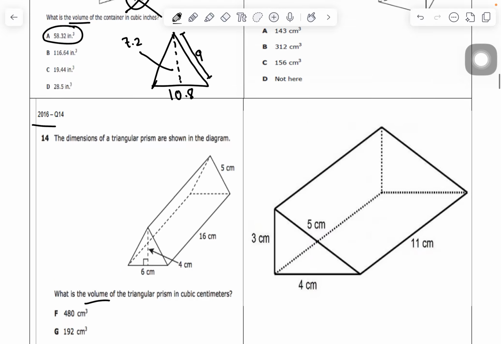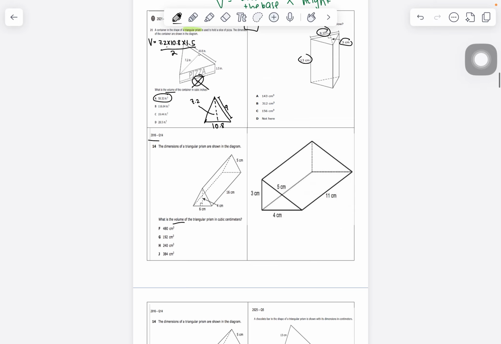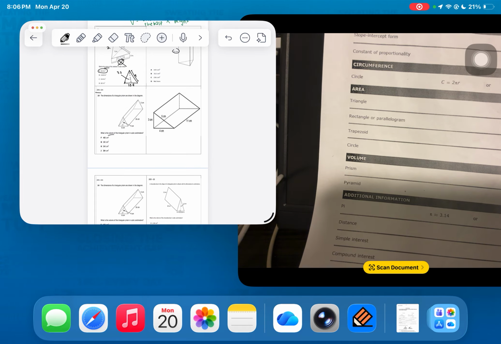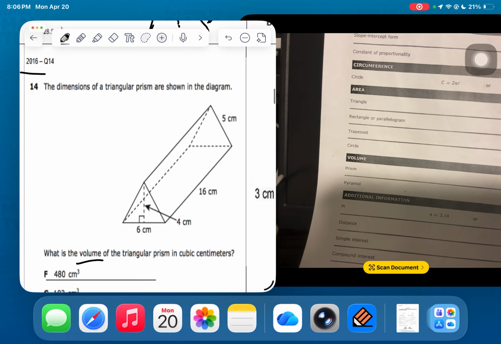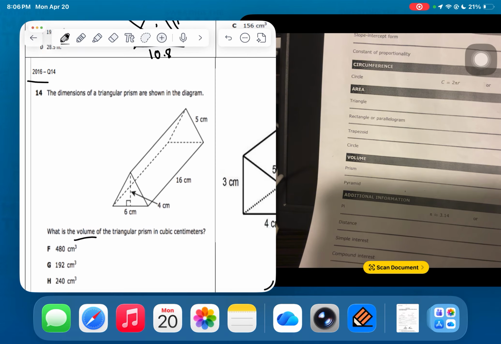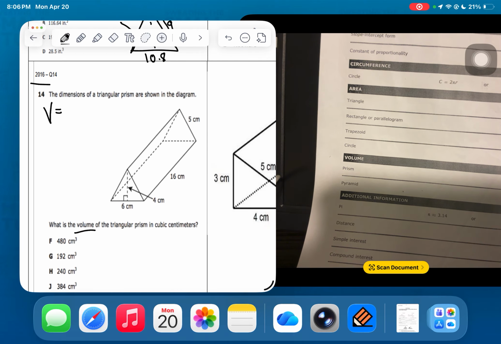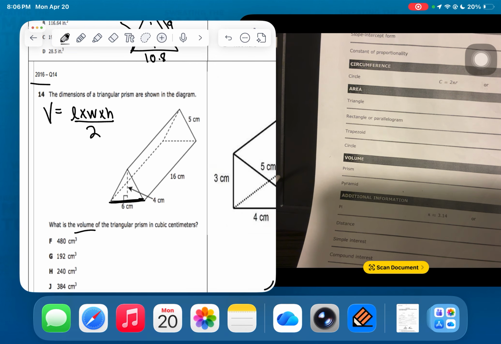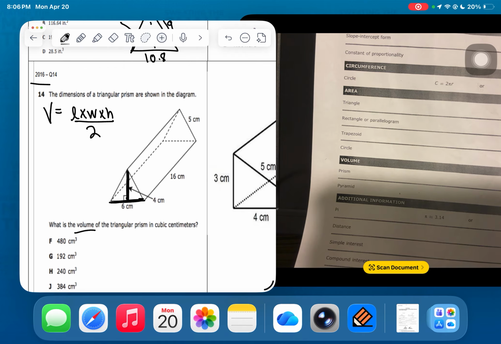Let me make this smaller. There it is. Okay, so you see me with the calculator too. So we're still doing length times width times height divided by 2. Now, which one is the one I don't need? Think about it. I always need the base of the triangle. I need the height of the triangle.